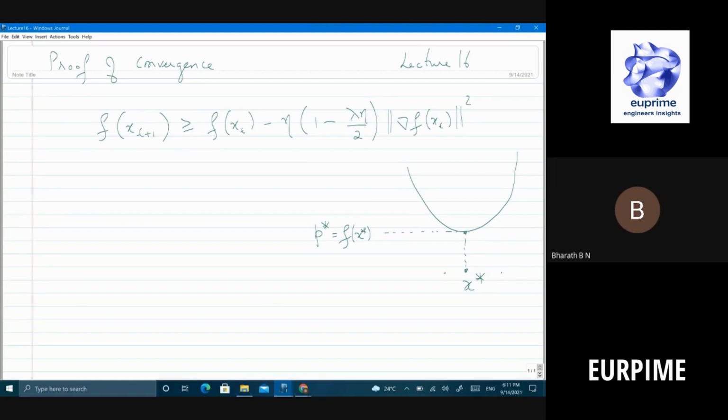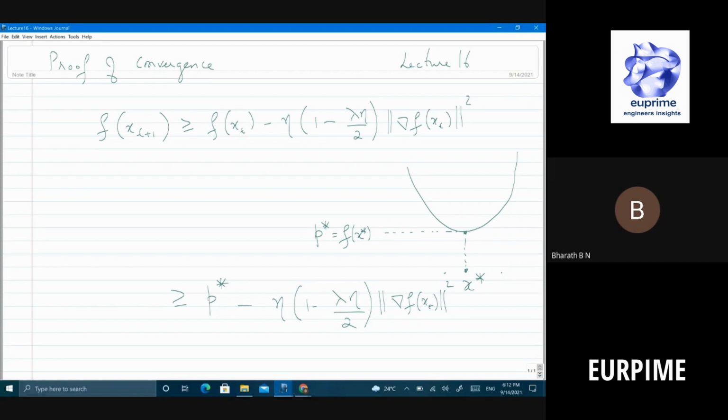The corresponding value of the function is larger. Do you agree? So f of xt is definitely greater than p star. So if I replace f of xt by p star, I'll get a lower bound: greater than or equal to minus eta times 1 minus lambda eta divided by 2 times the gradient of f of xt norm squared. Okay, is that fine?